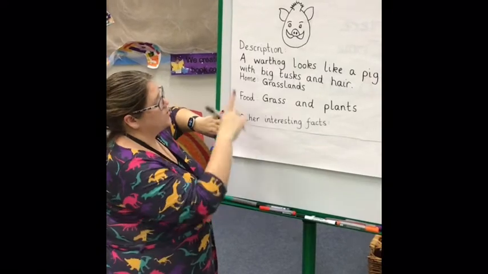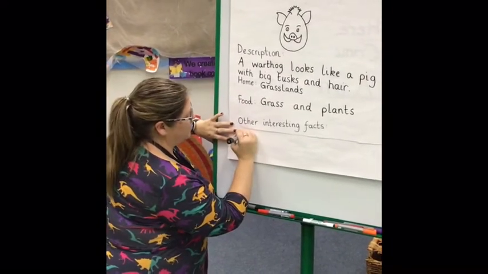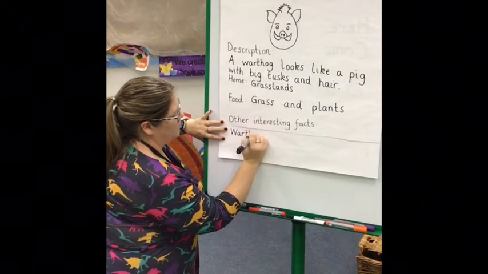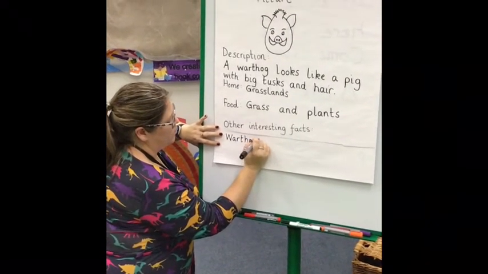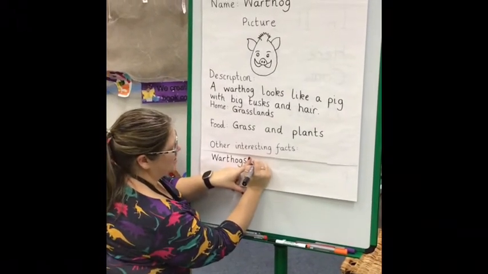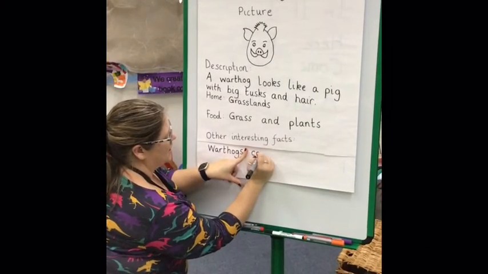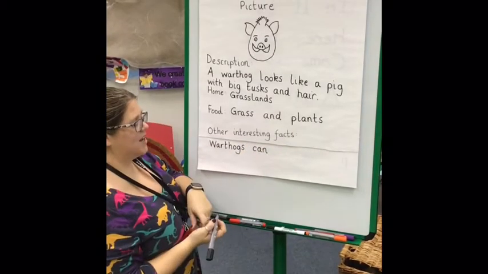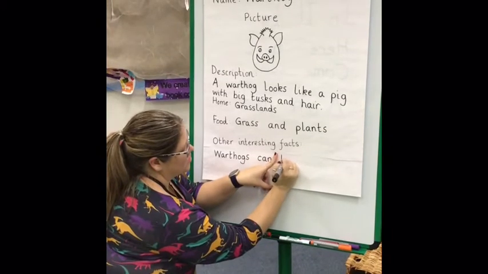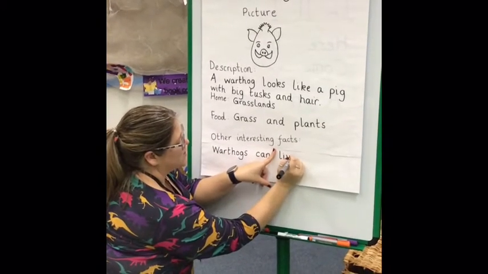So my first word is warthogs, which I can copy from up the top. Warthogs, and then my finger space, because it's a new word, can. Can. My next word was live. Again, this is a tricky one. So again, use your sounds, remember.